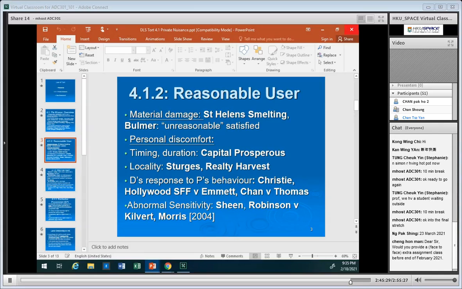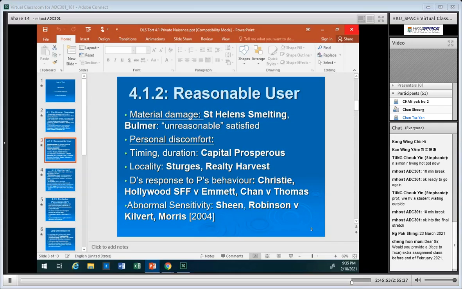But there are limits. Even in a commercial area, there can still be nuisance. The Realty Harvest case on page 99 is a good example, where there was excessive noise and vibrations. The court found that was still unreasonable, even though it was an industrial area.